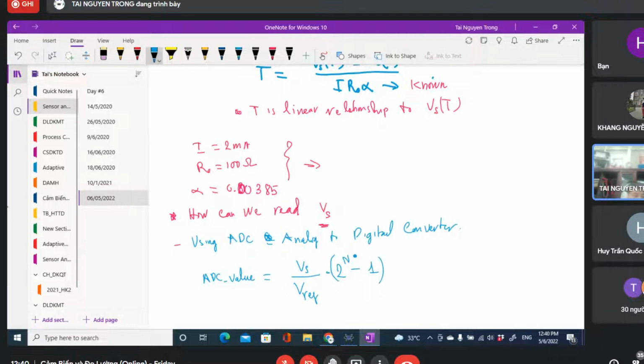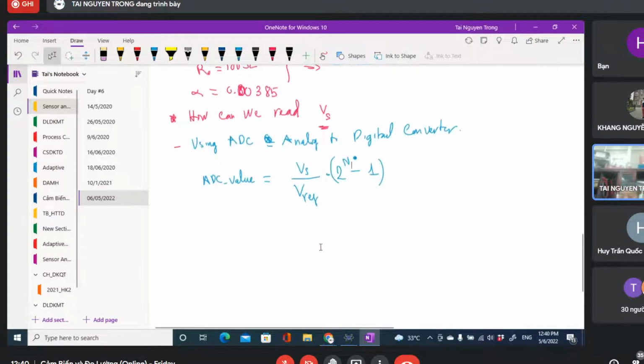And then with the microcontroller, the ATmega chip MCU, n equals 10, and then the value equals 1023.